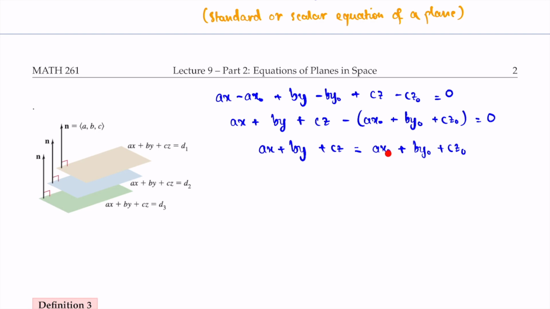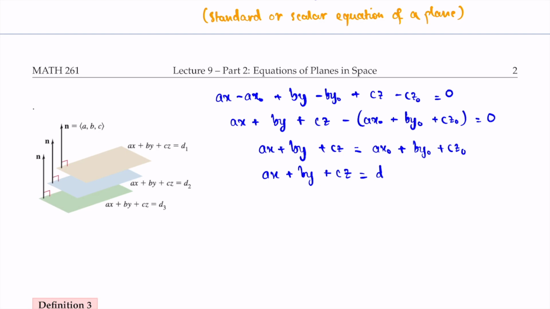In addition to that, x0, y0, and z0 are the components of the point P0. So together, this value is a constant, so it makes sense to substitute this value on the right hand side with d. So you get ax plus by plus cz equal to d.